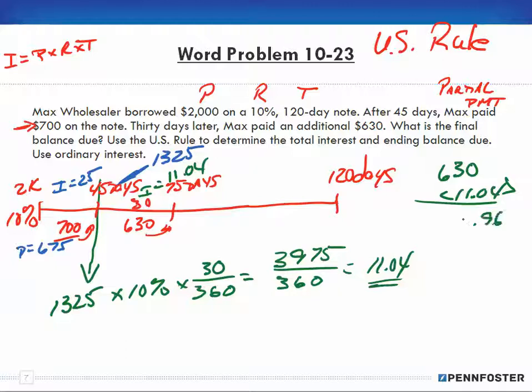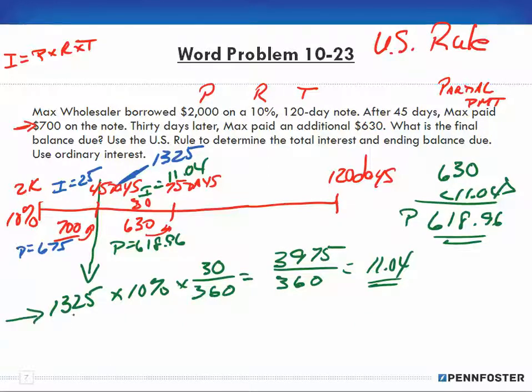And that gives us $618.96 that goes against the principal, right? So against the principal is $618.96, right?